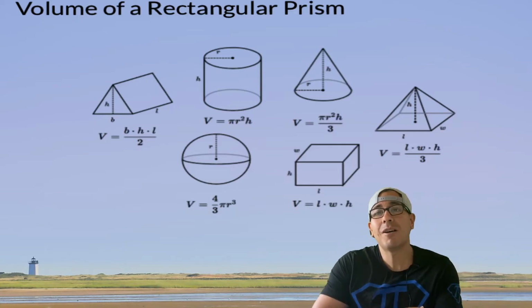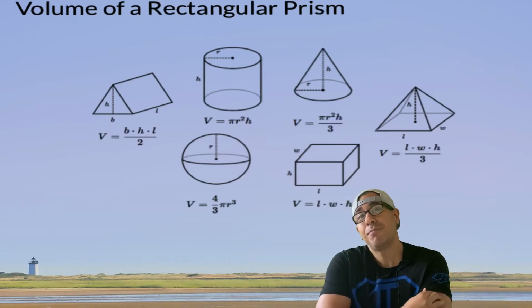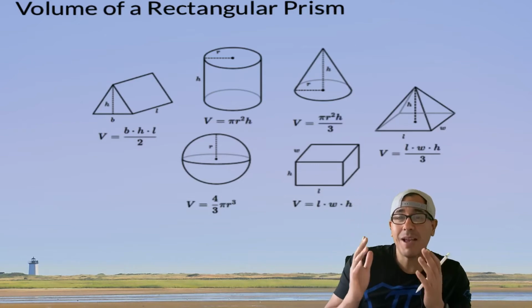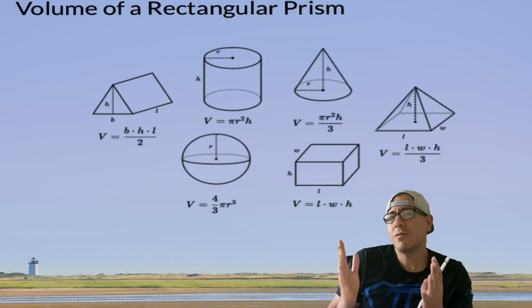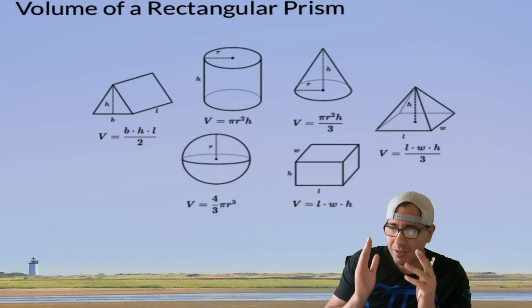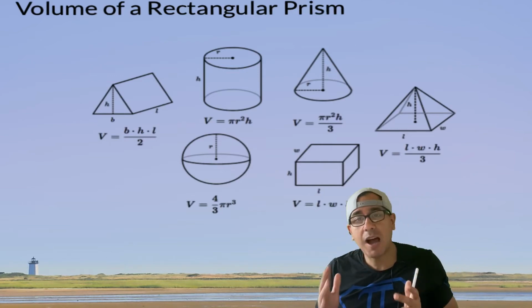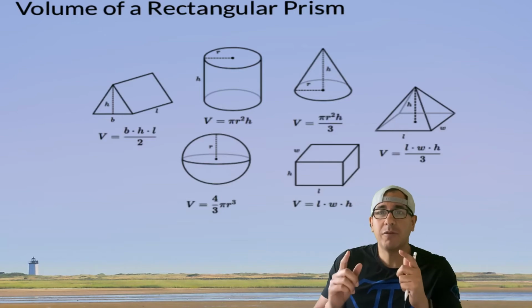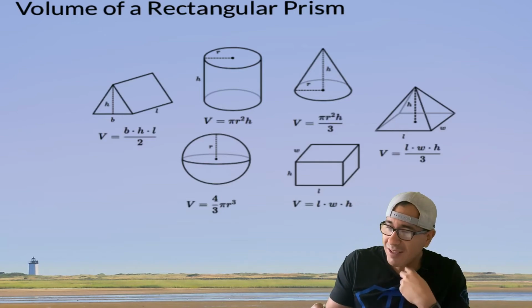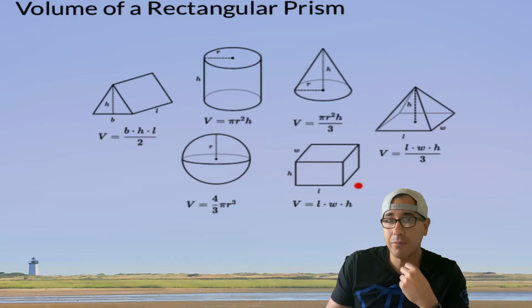So when we think about rectangular prisms, the best thing you got to do is imagine, well, what is a rectangular prism? So here's some objects, I should say, to help you visualize which one of these is a rectangular prism.